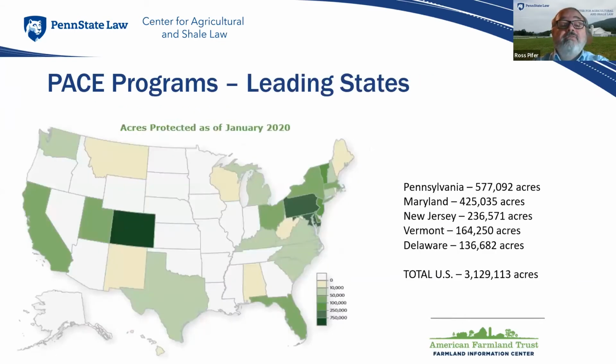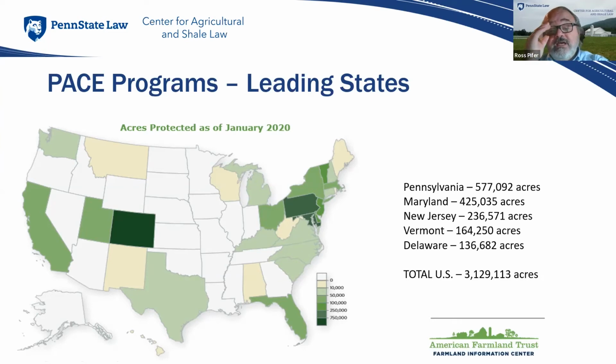Now, what are the leading states? On this slide, I'm showing you leading states based on acreage. The next slide shows leading states based on the number of farms that have been preserved. You'll see Pennsylvania at the top of both of these lists, and when you look at the top 5, it's basically neighbors of Pennsylvania.